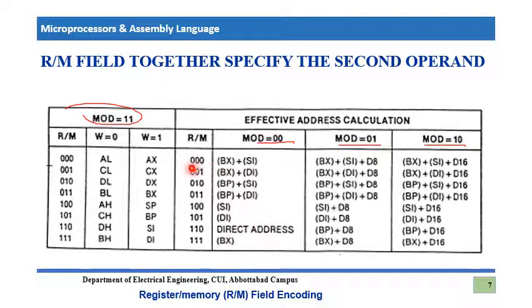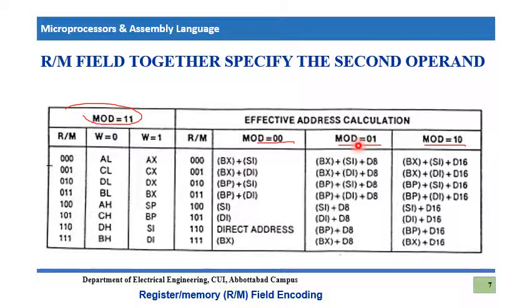So we encode them in 3 bits, 000, 001, 010, and it goes up to 111, and it is encoded in the r/m field. We are going to use it so you will understand it more. But we know that this r/m indicates these things.